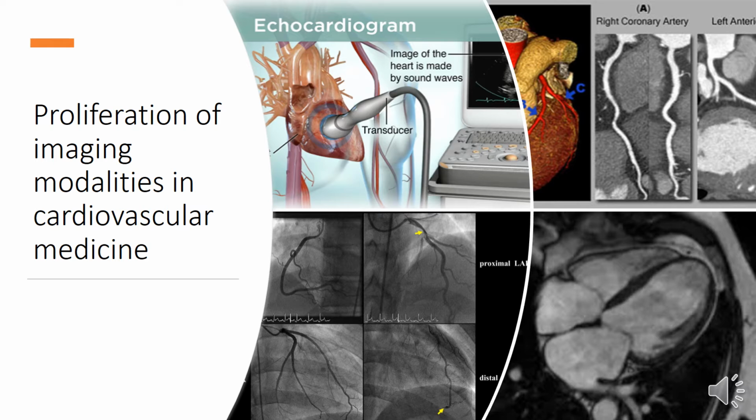Cardiac magnetic resonance imaging provides high spatial and temporal resolution images and is useful for tissue characterization as well as functional assessment of cardiac structures. And finally, invasive coronary angiography, which has been around for many years and is considered the gold standard for not only diagnostic purposes, but it also provides an avenue for percutaneous interventions.